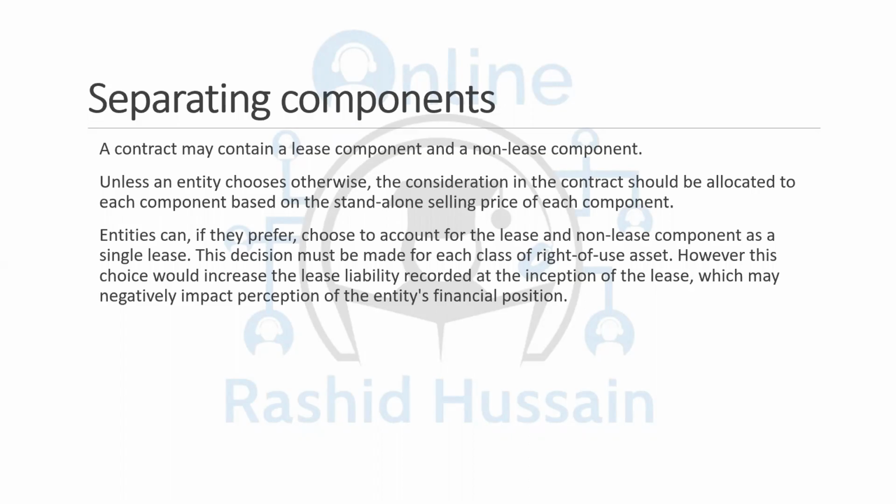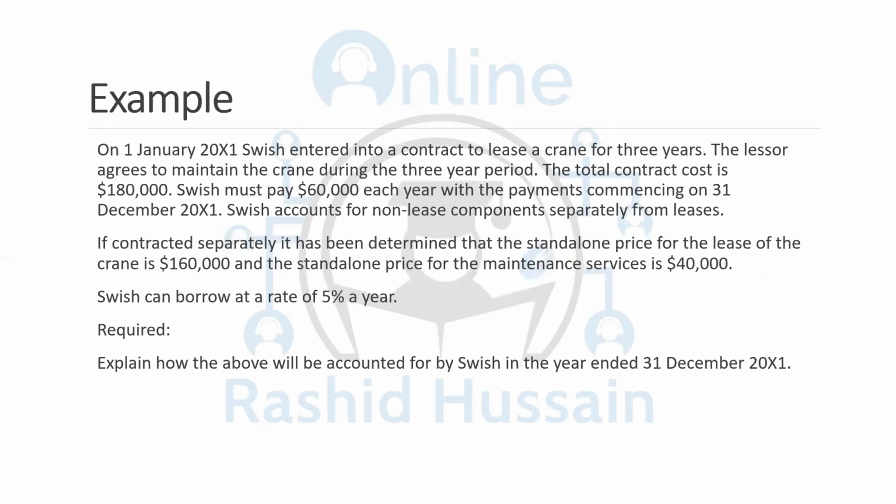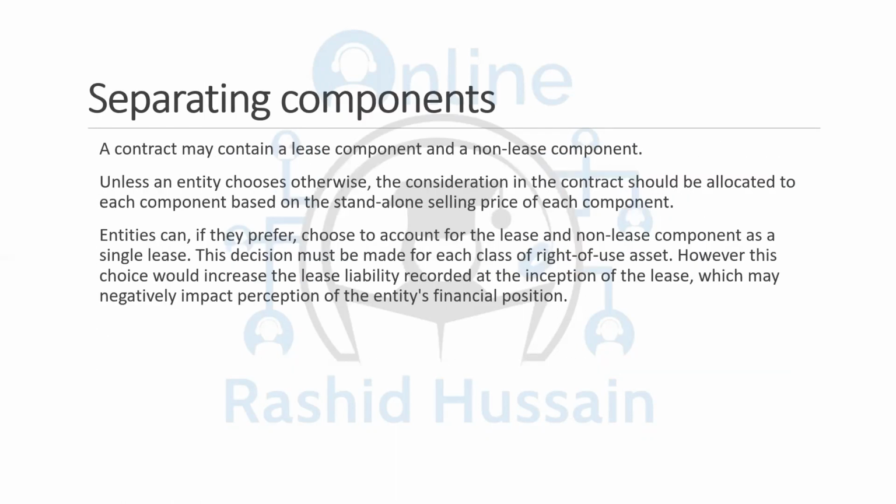The machine you are providing, which is an identified asset, qualifies the criteria of the lease. But the service you are providing alongside the machine is a non-lease component. So if that is the case, then you are going to split it between the lease and non-lease, and accordingly, the accounting should be done.